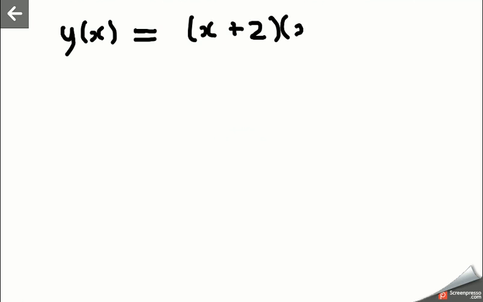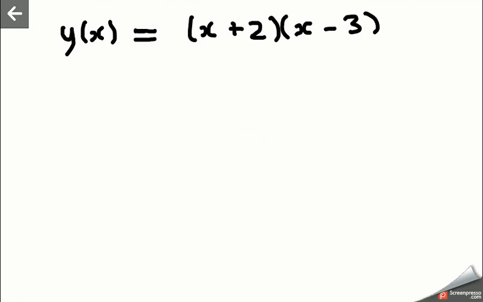The example is going to be the graph of y of x equal to (x plus 2) times (x minus 3). We can quickly expand this using year 10 algebra.